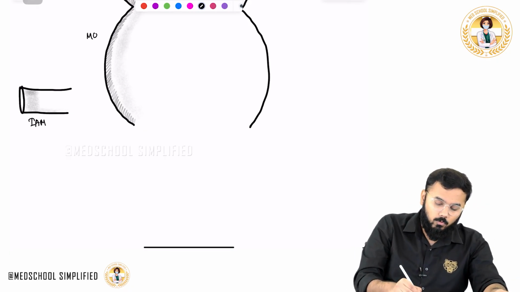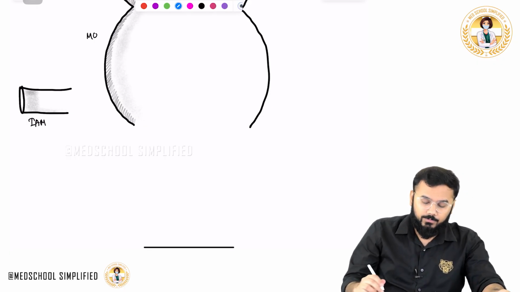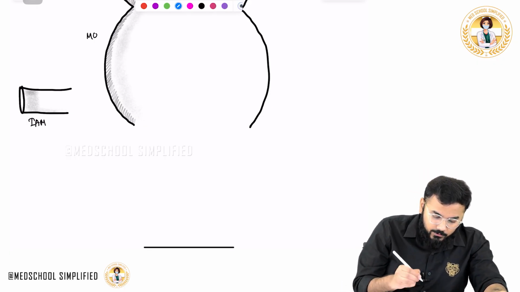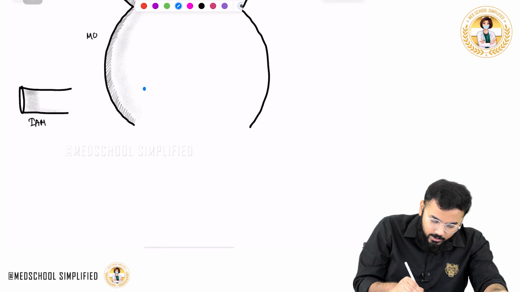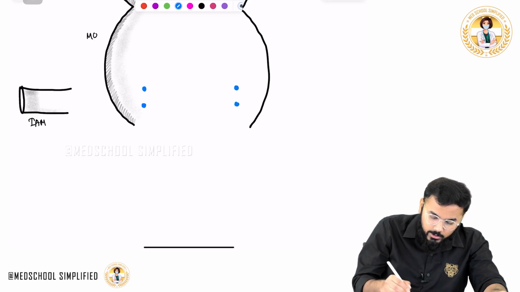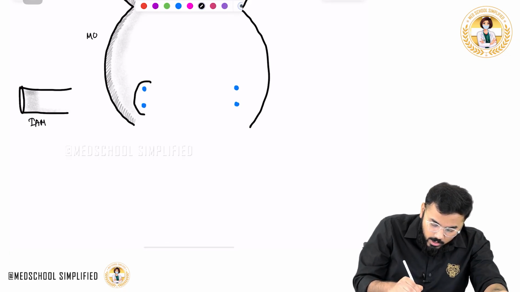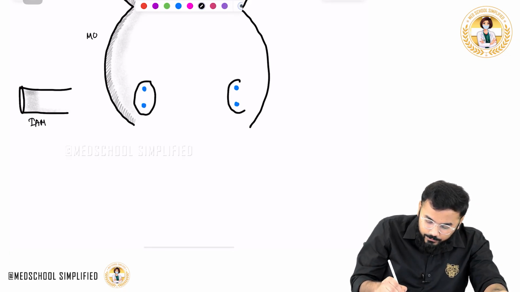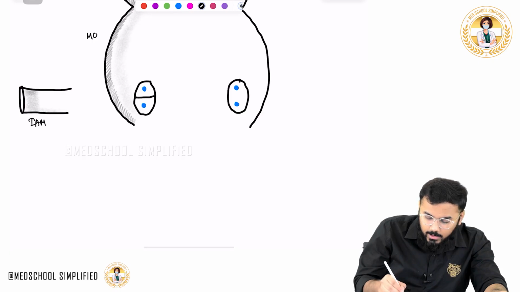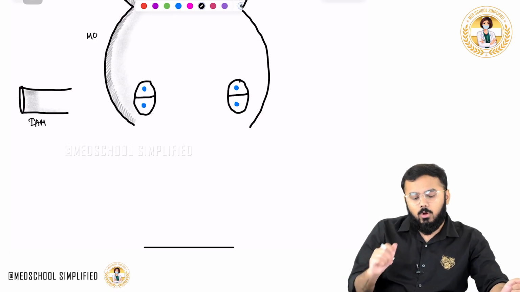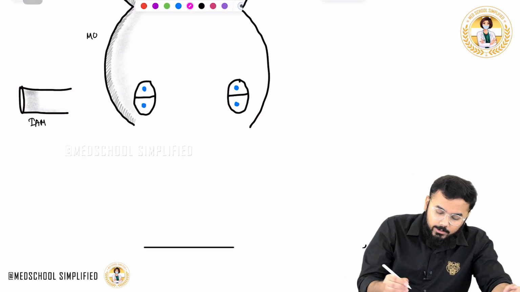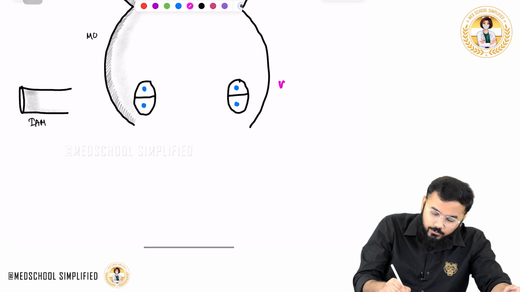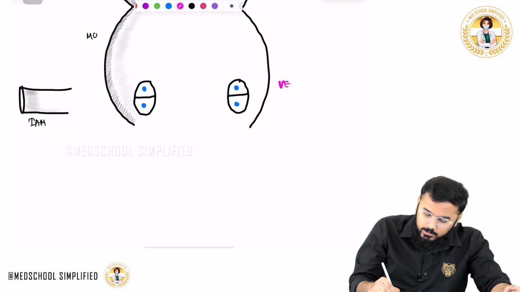Now let us see what the important structures over here are. First important thing, within the medulla oblongata, here you have got two nuclei, and here also you have got two nuclei. What are these nuclei? These nuclei together you call ventral cochlear nuclei.